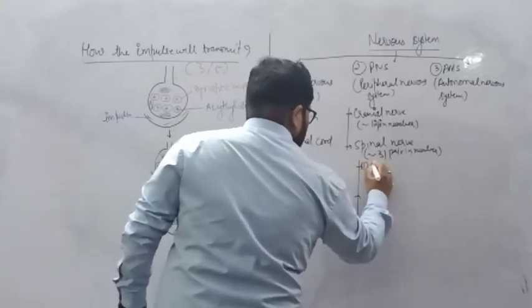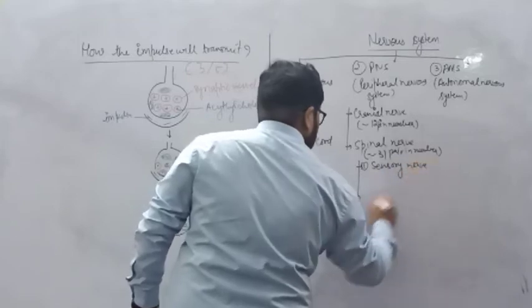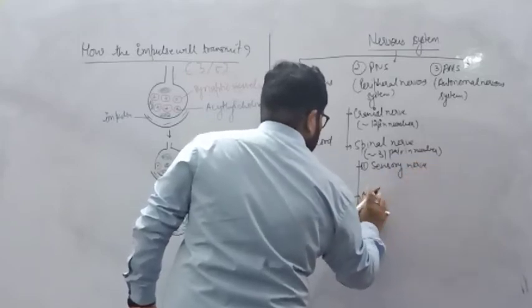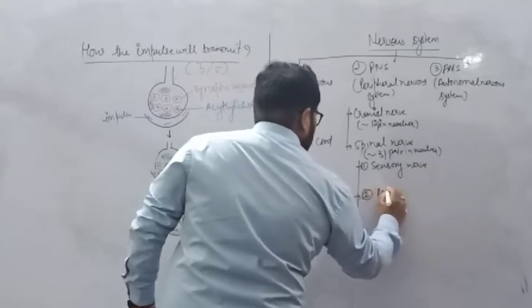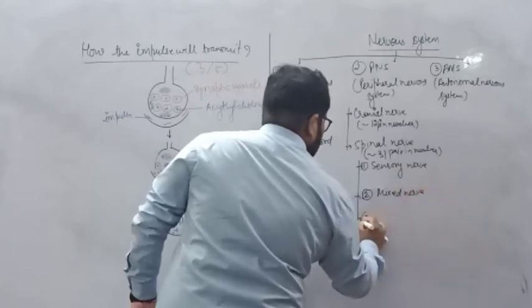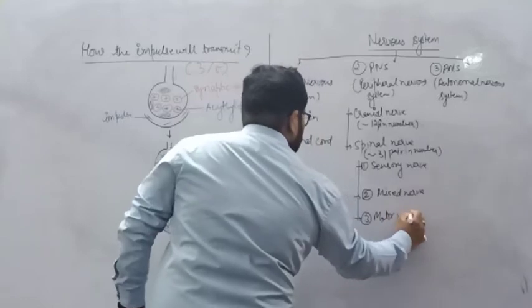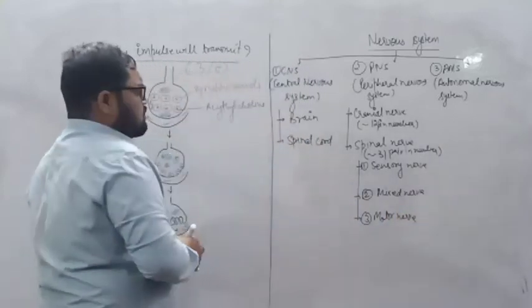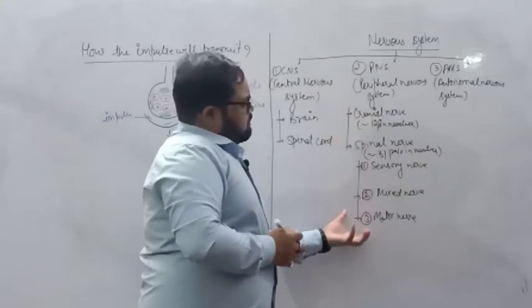The first one is called sensory nerve, the second one is mixed nerve, and the third one is motor nerve. So these are some points about the PNS. All the things will continue in the lecture.